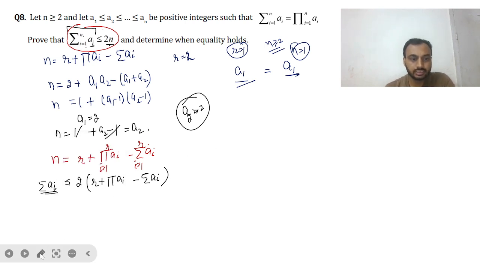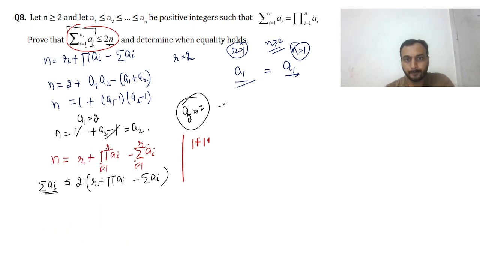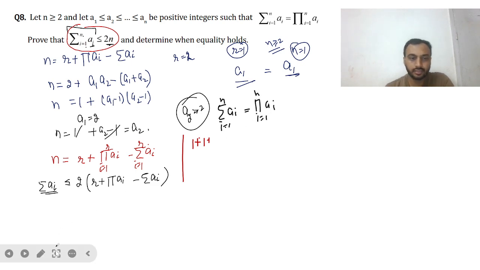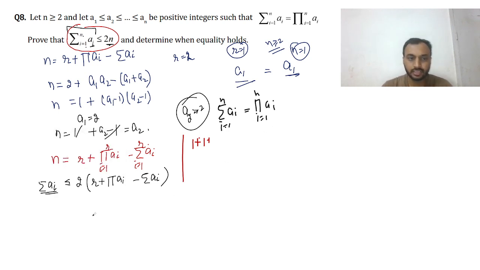we can say it is equal to the product of the numbers, no? As we have the sum of numbers, if we have a summation i is equal to 1 to n, which is the product of i is equal to 1 to n, and we are saying that some of them are ones, right?